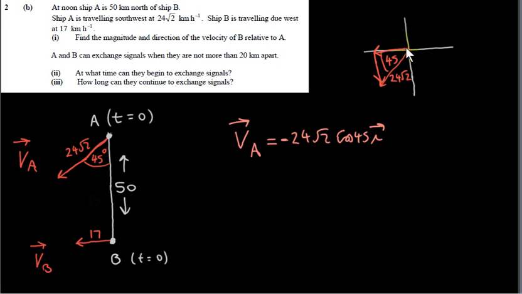So these two components must add by the triangle law. This I component plus the J component must give vector VA. So I'm using the triangle law here. The J component is also negative, so it's the magnitude 24 root 2 times the sine of 45 degrees.